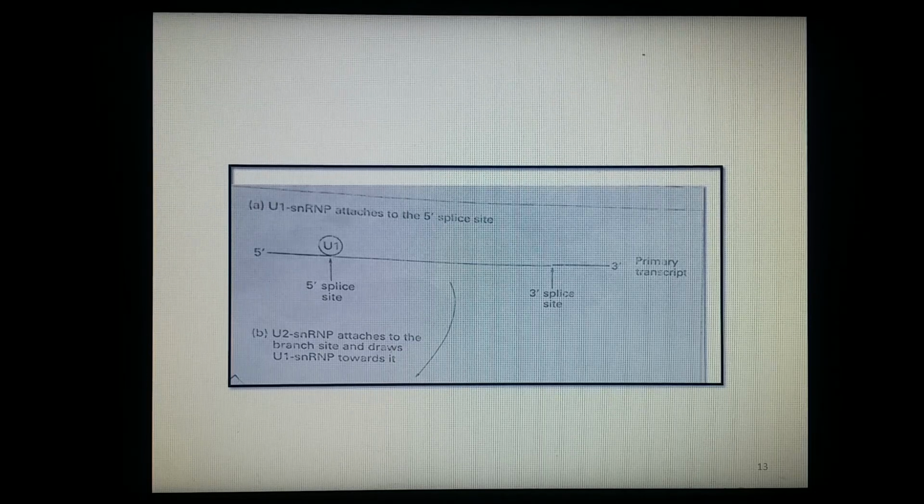I have told you that in eukaryotic nuclei, U RNAs are present, from U1 to U6. You can see in the diagram that the attachment of U1 snRNP to this region of the intron is thought to be one of the first steps in the splicing of the intron. So basically the attachment of U1 to the 5' splice site is the first step in the splicing process.